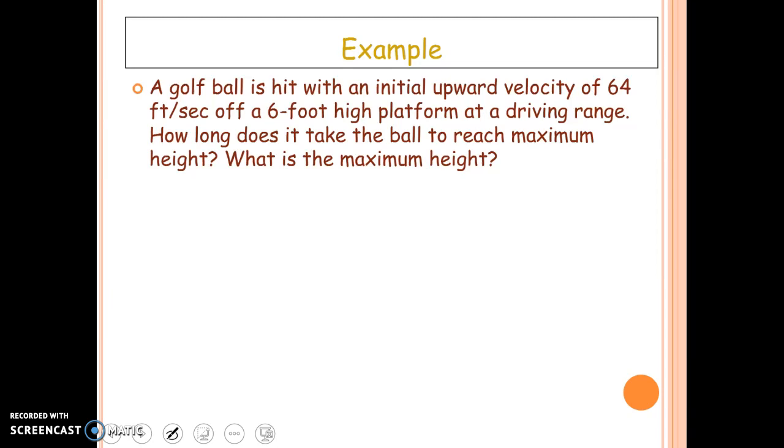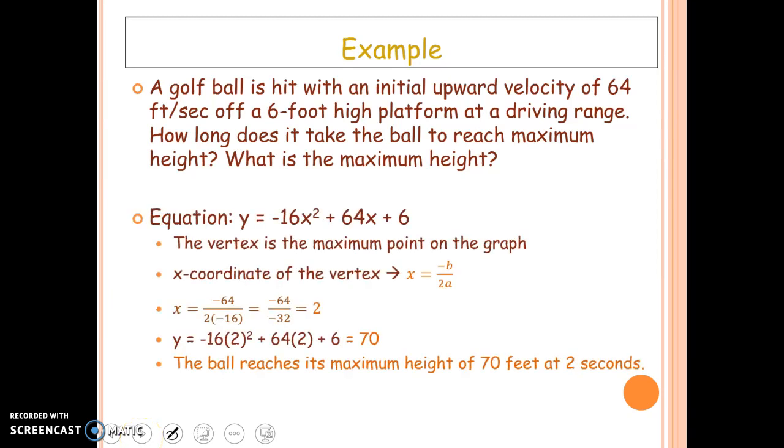Okay, so hopefully you were able to draw a picture of what this is going to look like. I would have given you this equation: y equals -16x squared plus 64x plus 6. But you want to look at, okay, how could I find the maximum height? Well, the maximum height is going to be the vertex, so that means you've got to find the vertex for this function.